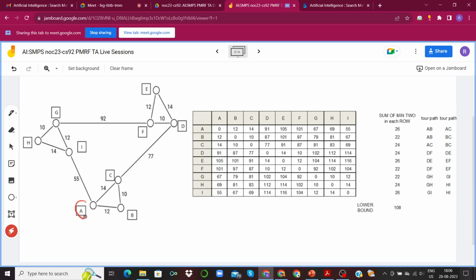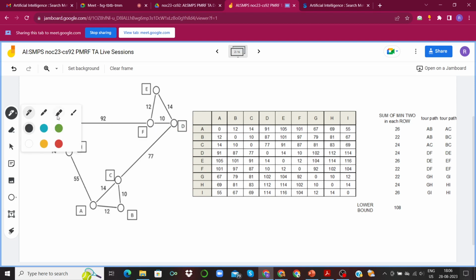So this is our A node, this is our B node, this is C, D, and so on and so forth. And we have also formed a table where we have the distances from A to every other node in the first row, from B to every other node in the second row, and so on and so forth until I.